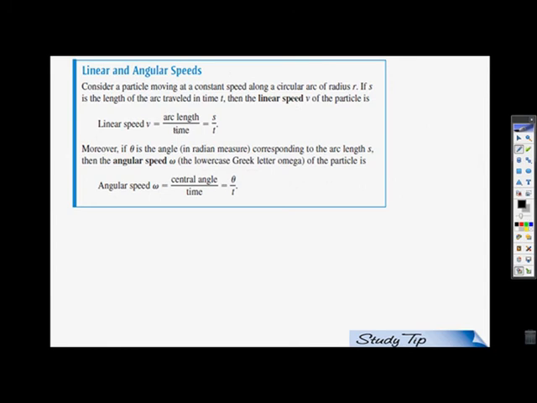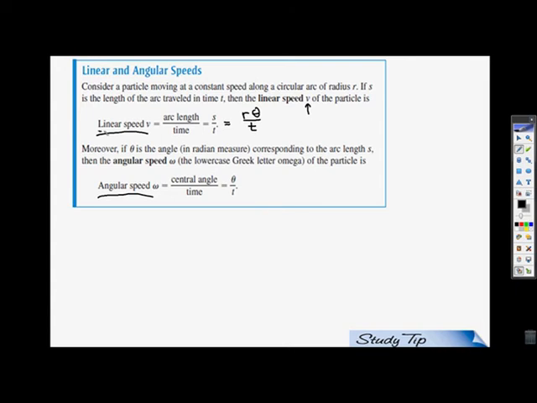Another thing we can look at along these lines is linear speed and angular speed. Consider a particle moving at a constant speed along a circular arc of radius r. If S is the length of the arc traveled in time t, then the linear speed, v, of that particle is arc length over time, or S divided by t. And since S was equal to R times theta, you could put R times theta divided by time.